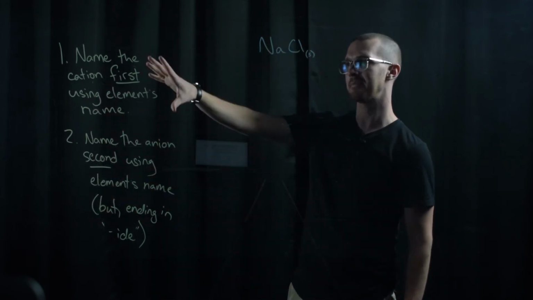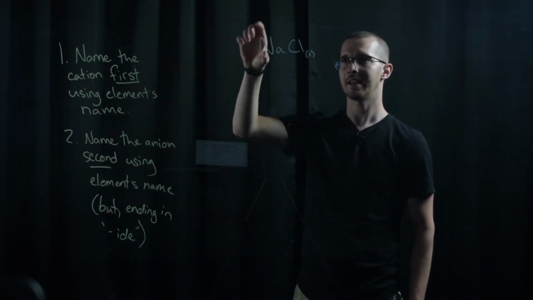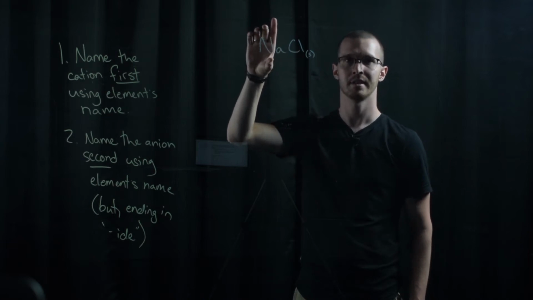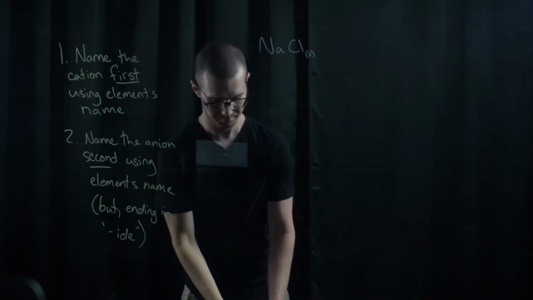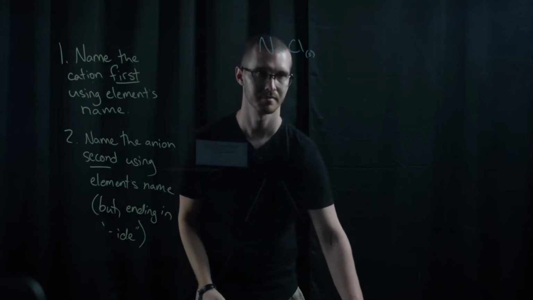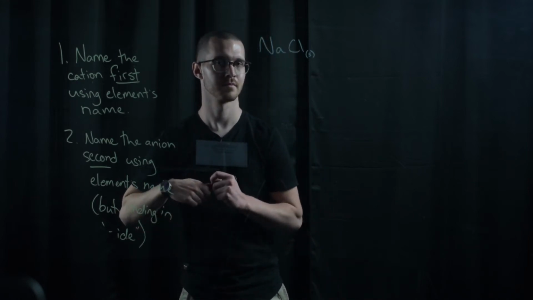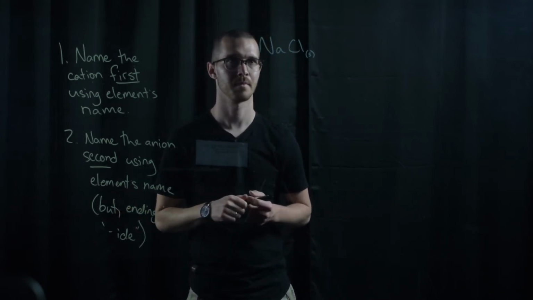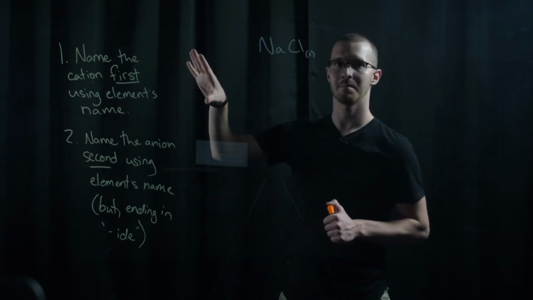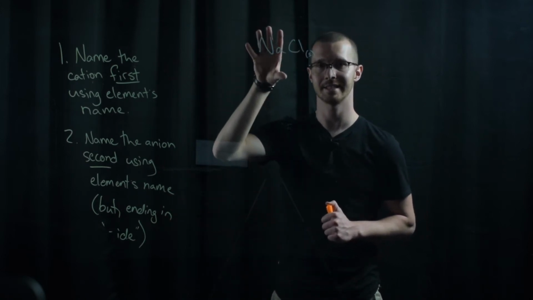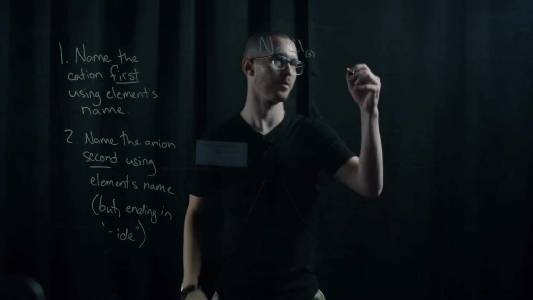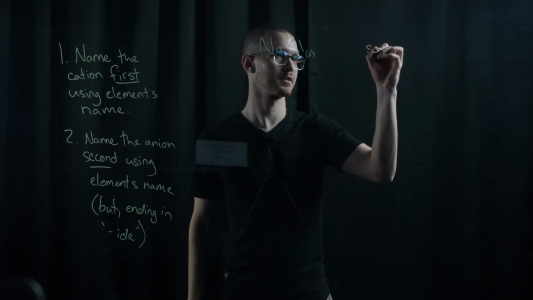So first we're going to name the cation. The cation is going to be the metal, and the metal is sodium. So I start by writing sodium.